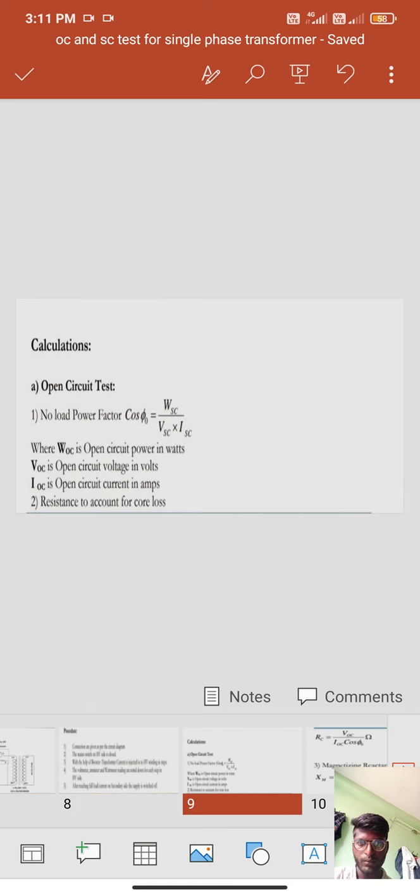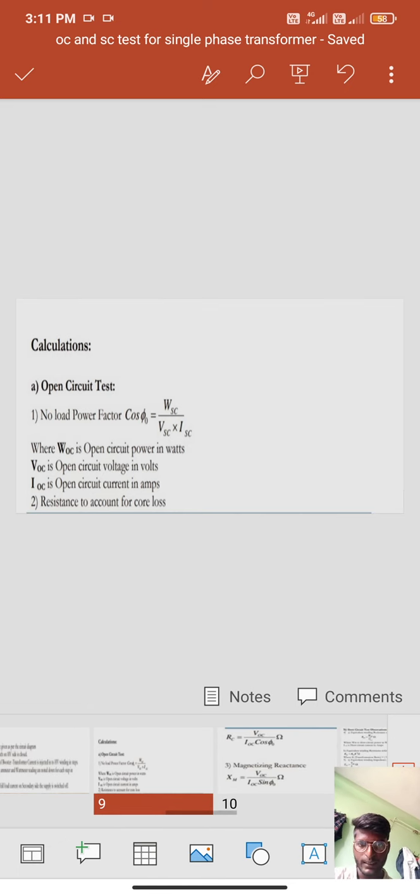Resistance to account for the core losses R0 equals V0 by I0 cos phi. Magnetizing reactance X0 equals V0 by I0 sin phi.